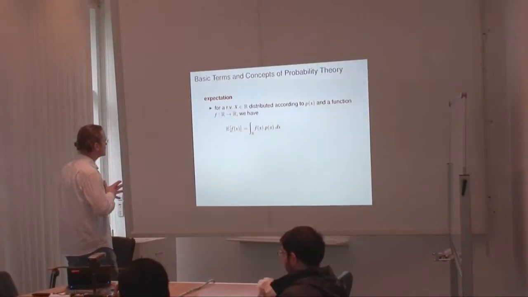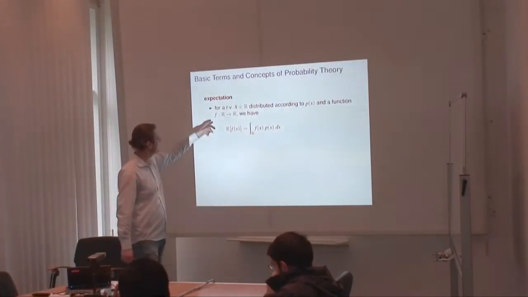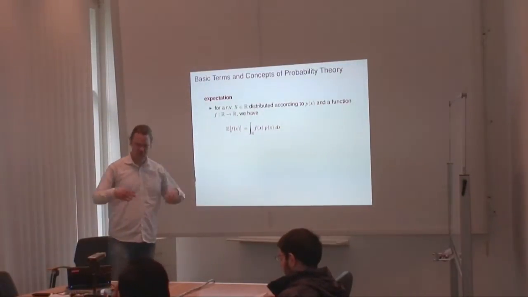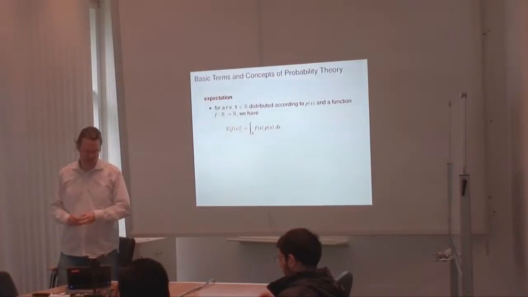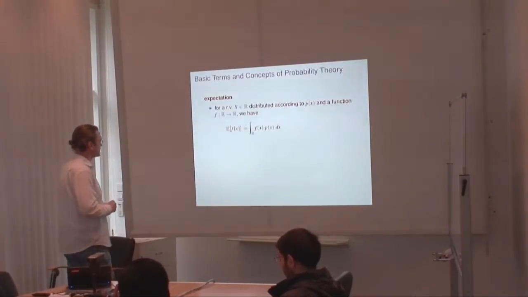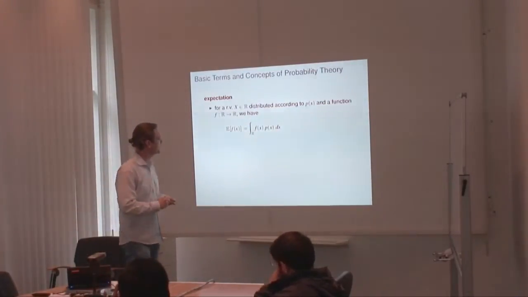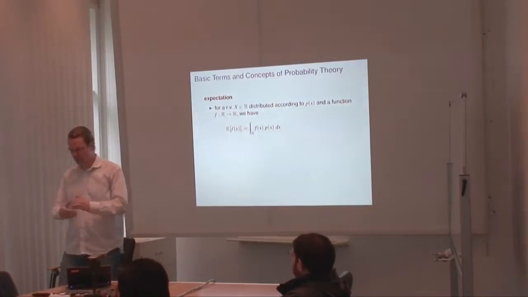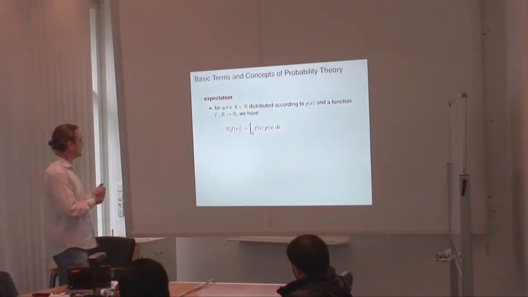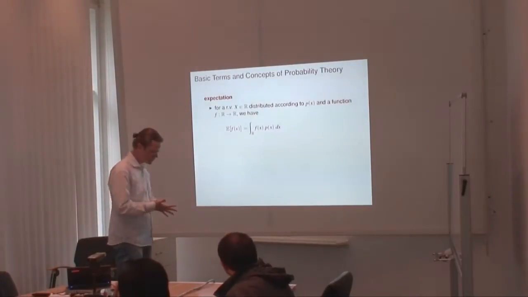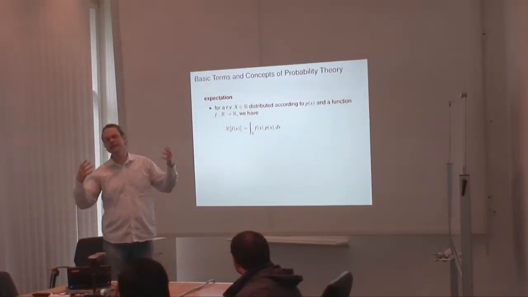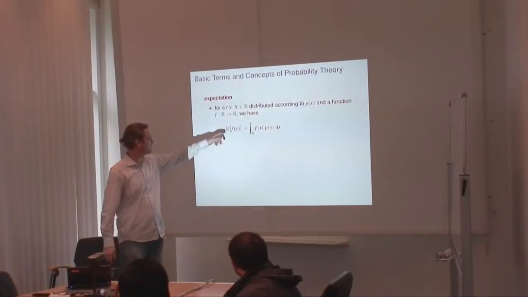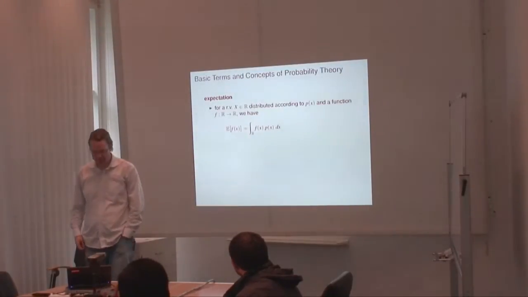And if we then consider a function f that takes values in the reals and produces values in the reals, we might look at what happens if we apply this function f to the random variable, and ask for, say, the most likely outcome of the application of that function.